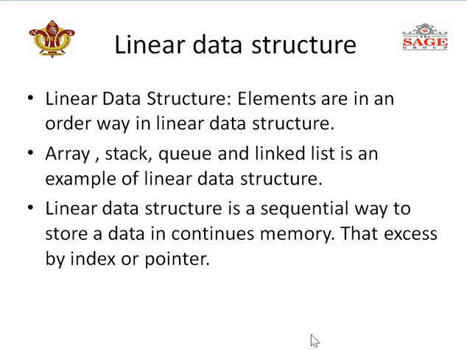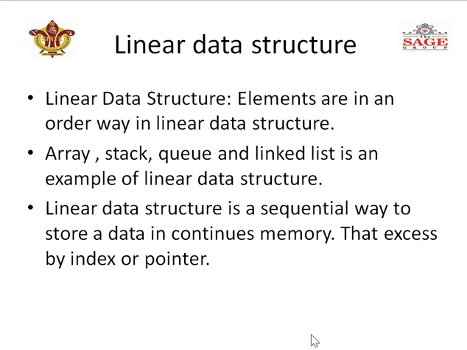In linear data structures, elements are stored in a particular order, or we can say in a linear way. In linear data structures, we have the array, stack, queue, linked list, and so on.